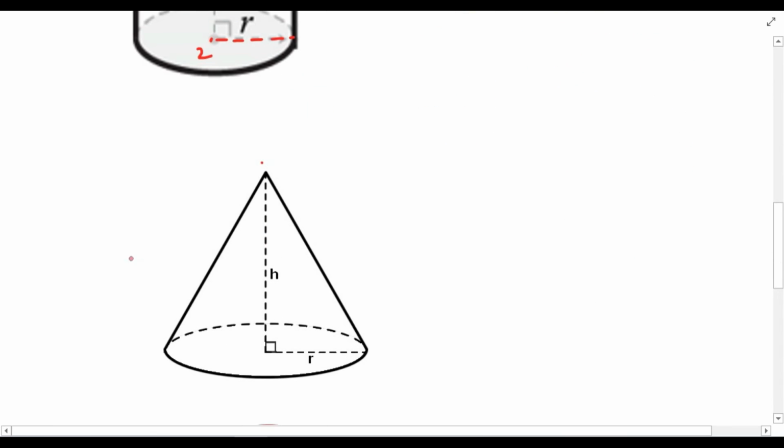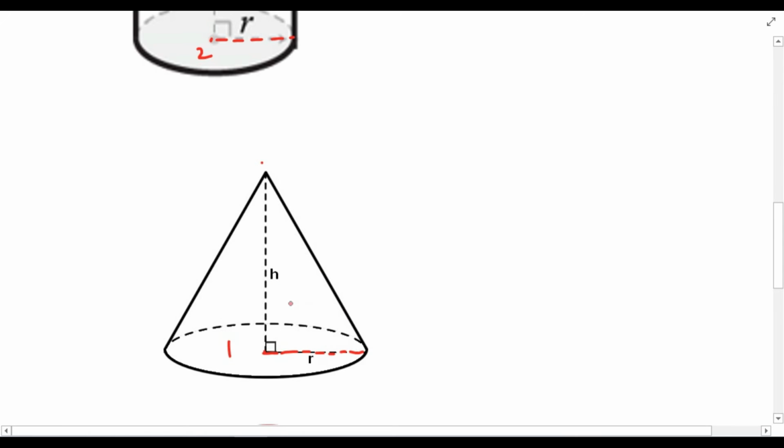Next shape is the cone. In a cone we have only one circular base, and this is the vertex of the cone. The line segment joining the vertex and the center of the circular base is called the height, and the radius of the circular base is the radius of the cone.